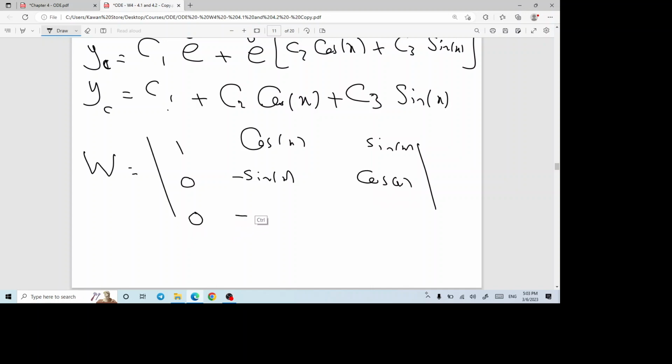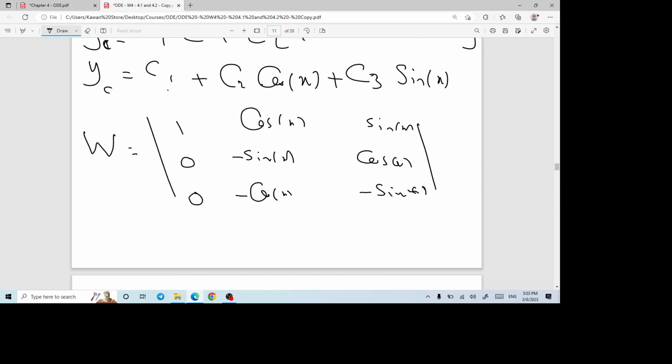How do we find the determinant of a 3 by 3 matrix? We choose one of them and we go positive, negative, positive. Why do I choose 0, 0? Because 0 is easier for us, right?